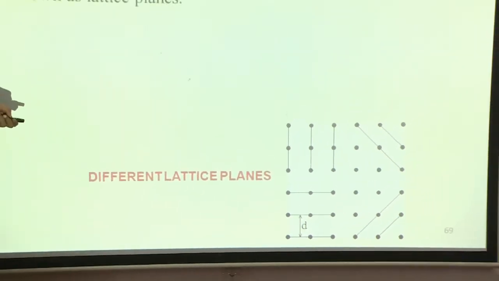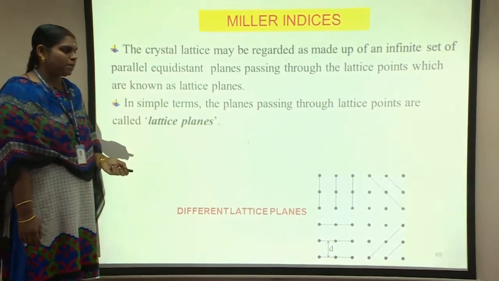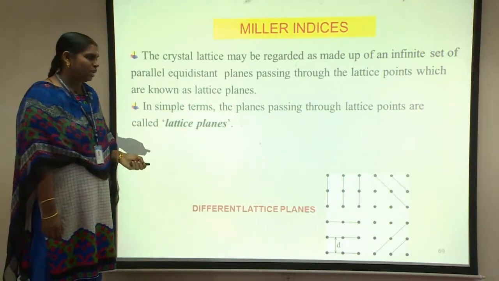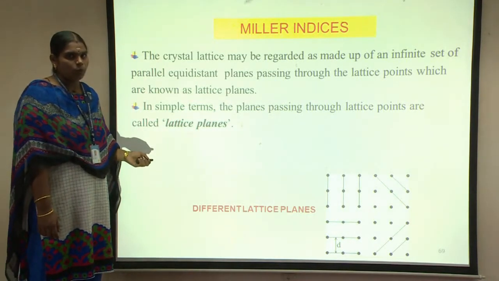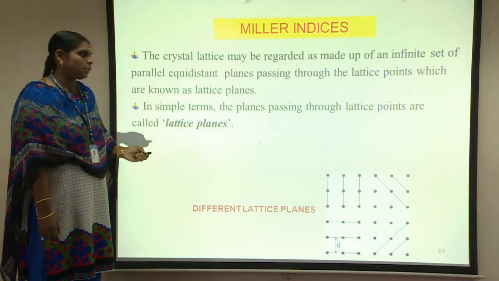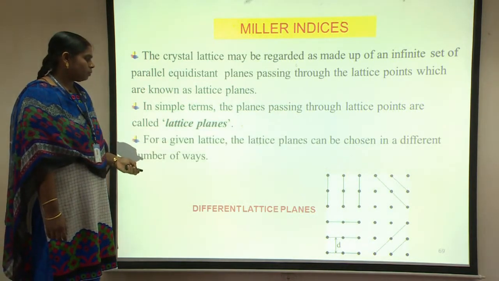What are Miller indices? Miller indices are normally specified by 3 important integers h, k, l, represented within a parenthesis without any special characters.